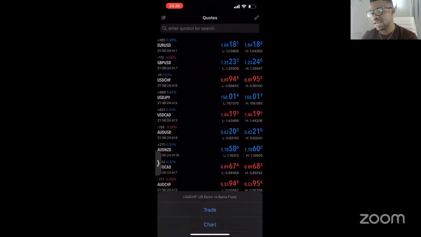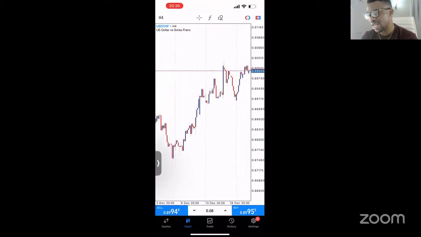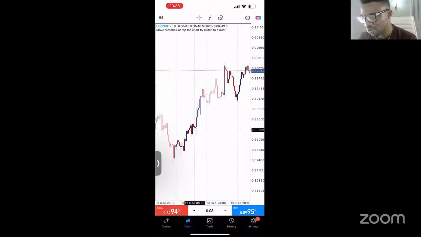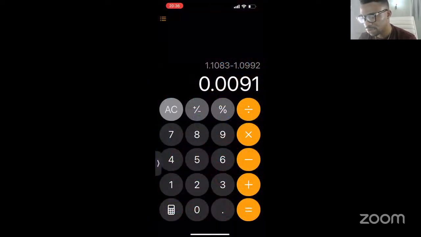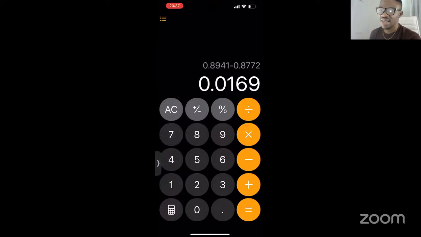But if we go to an asset like USDCHF and you check how much movement we have in that asset in a week, let's say a previous week like this one from here, 0.8772, and the highest point for that week was this point, let's say 0.8941. That's 169 pips, and what we need there is 150 pips.